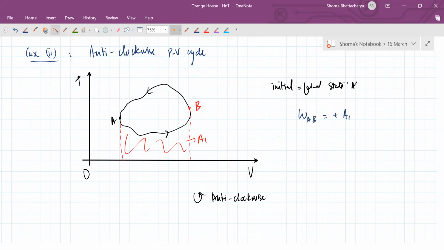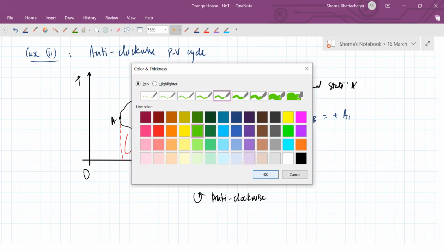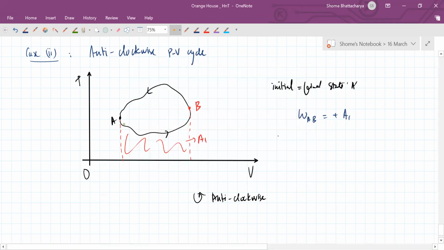So work done from A to B will be positive of A1. Okay. But then in coming back from B to A, the work done will be this total area, but with a negative sign. So it's a compression. This was an expansion, so the work done was positive. But work done from B to A will be negative of the area A2 because it is a compression.